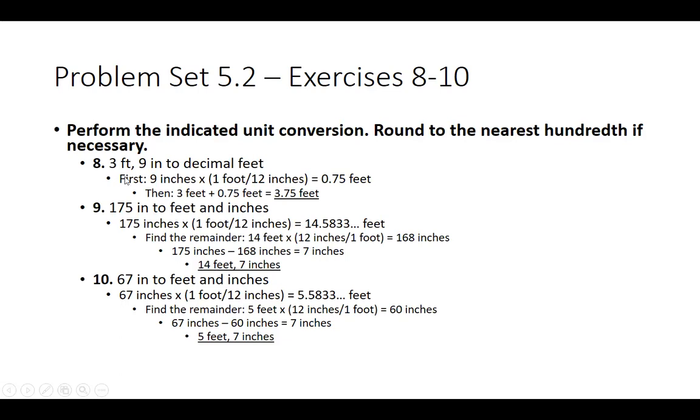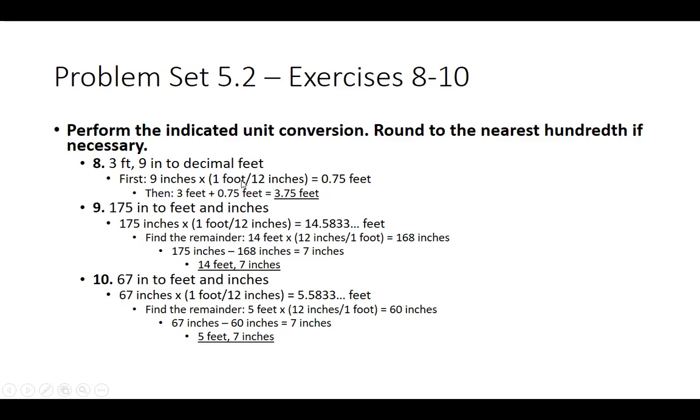Number 8, we're going to convert 3 feet 9 inches to decimal feet. So first, let's convert the 9 inches to feet. We're starting with 9 inches. To cancel inches away, we'll need inches on the bottom. And since we want it into feet, that's going to be feet on top.